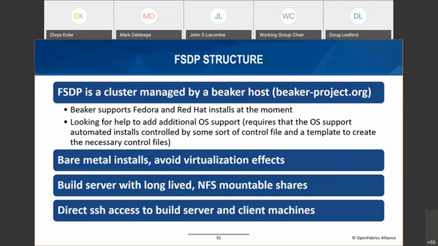A few of these design issues about the FSDP have changed a little bit. Like here, where it says the build server with long-lived NFS mountable shares, it turns out that's going to be a little bit harder to do. That's what we did internally at Red Hat and it worked great. But on the FSDP that we're doing, because we have people from different companies allowed to have accounts and log in, we have to be a little bit more strict about account control and privacy than we had to be on just Red Hat's internal stuff.